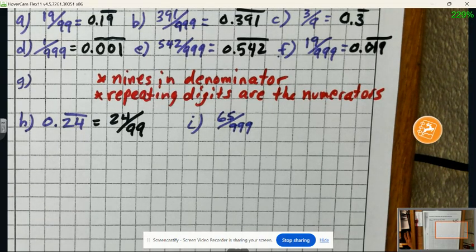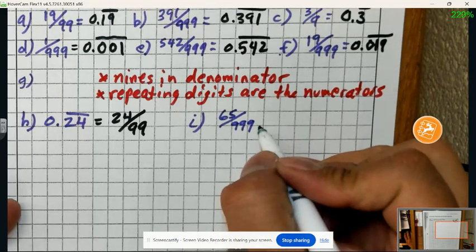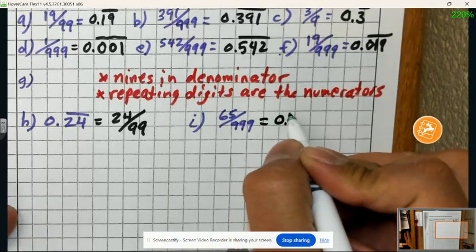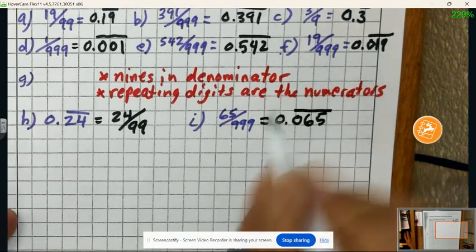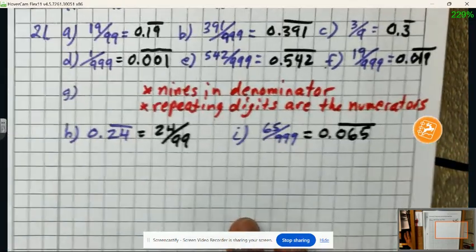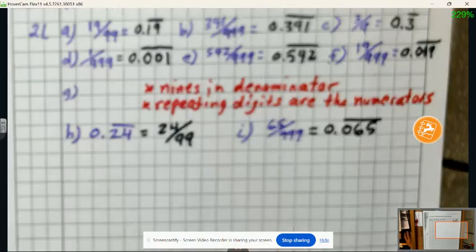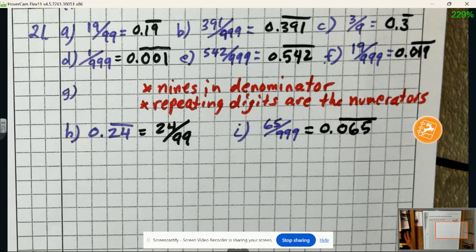All right, and the answer that you should have gotten is 0.065, repeating. Okay, now, if you said 0.65, there's one thing that you might be overlooking.